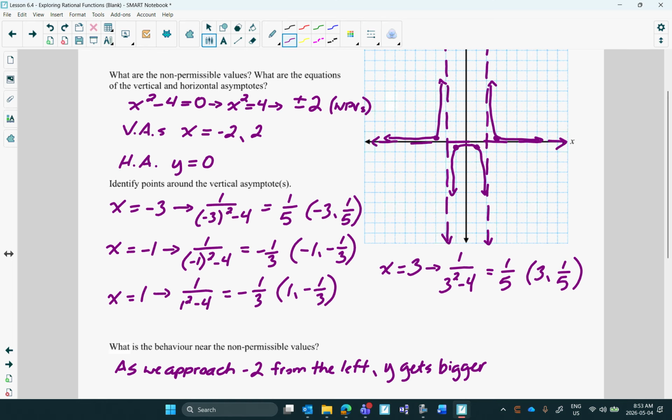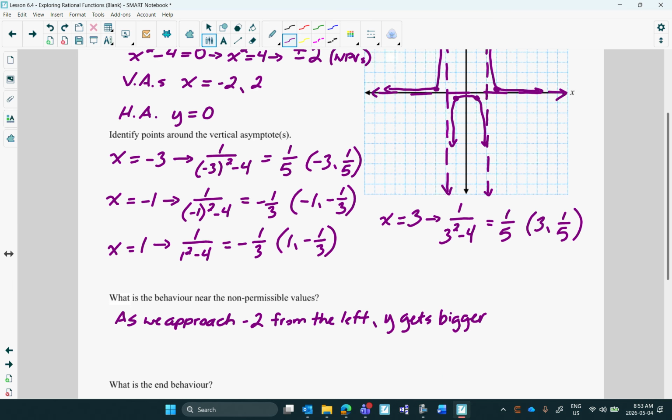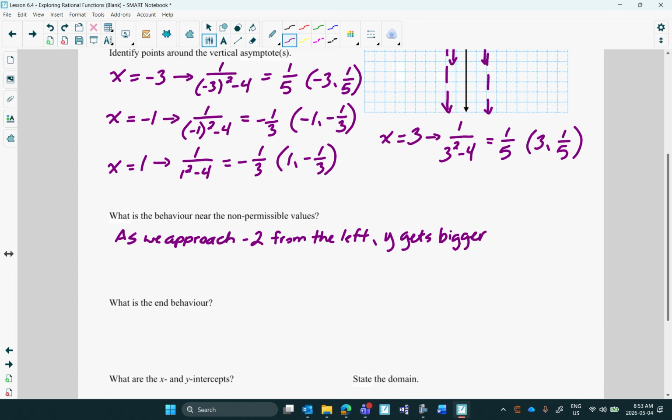As we approach -2 from the right on the graph, y gets smaller. So as we approach -2 from the right, y gets smaller.